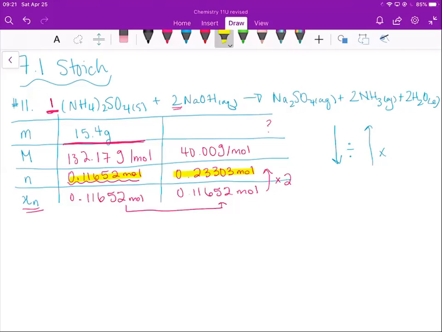The reason why the numbers are different is because the ratio for the chemical equation is for every 1 ammonium sulfate, you require 2 sodium hydroxide. So it makes sense that you need double the amount of sodium hydroxide for the reaction to proceed.